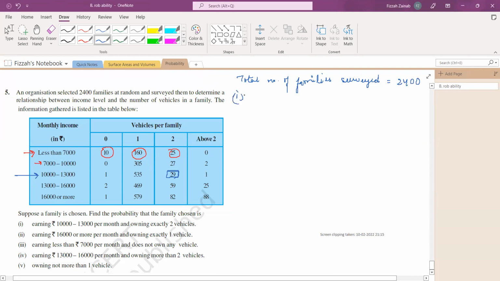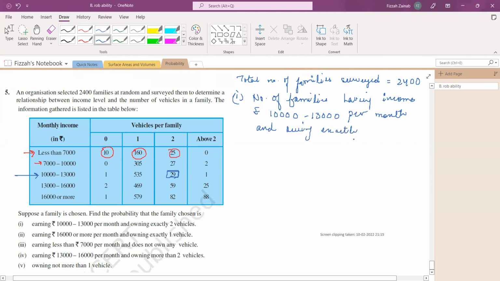Number of families having income of rupees 10,000 to 13,000 per month, and owning exactly two vehicles.